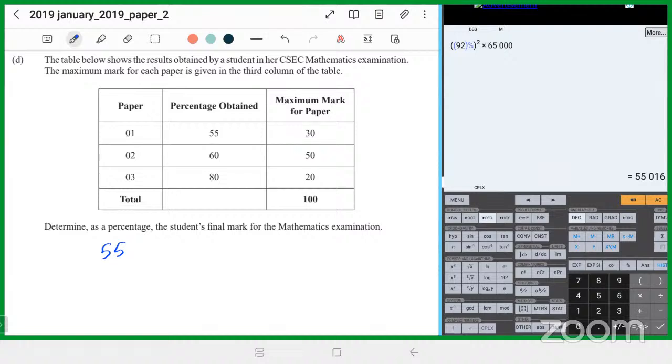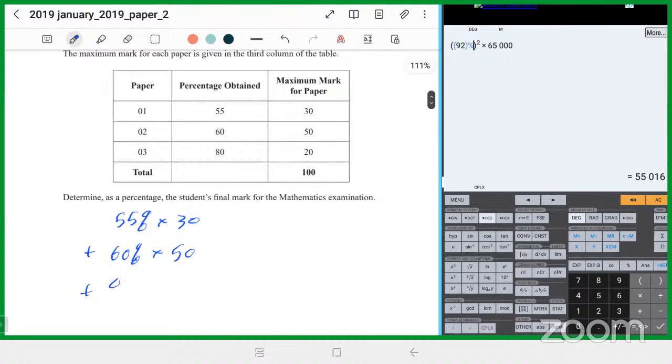All right. 55% times 30 plus 60% of 50 plus 80% of 20. I add up all of those and I can just put one figure, one answer. I don't have to show each figure, because I'm not asking for each figure.